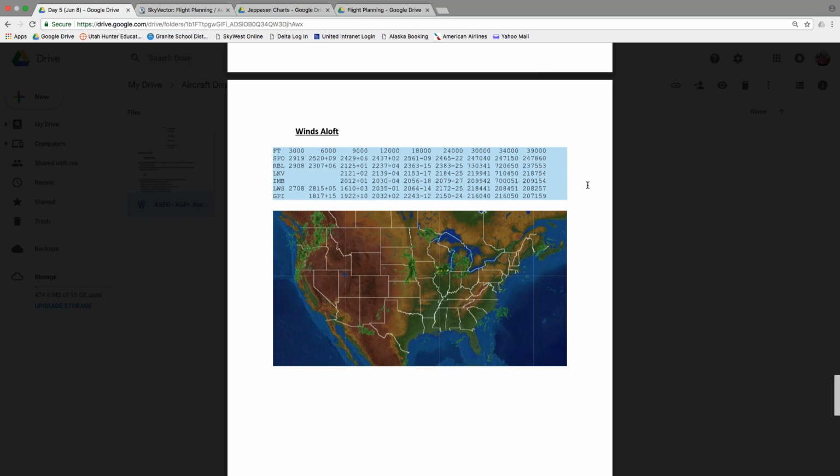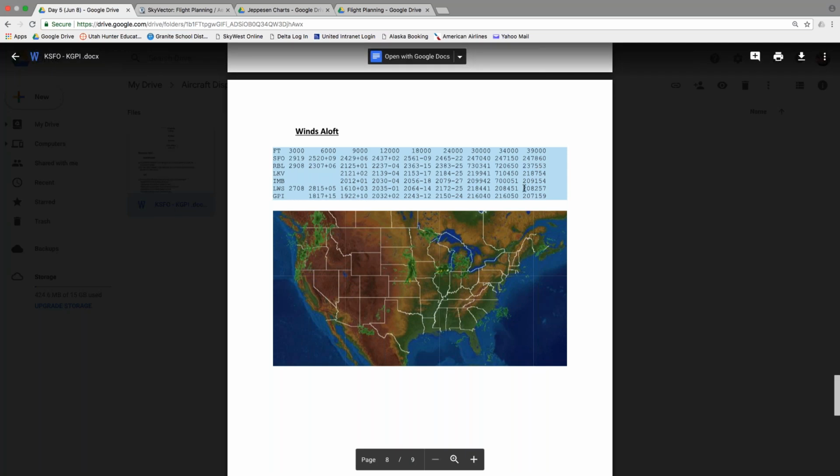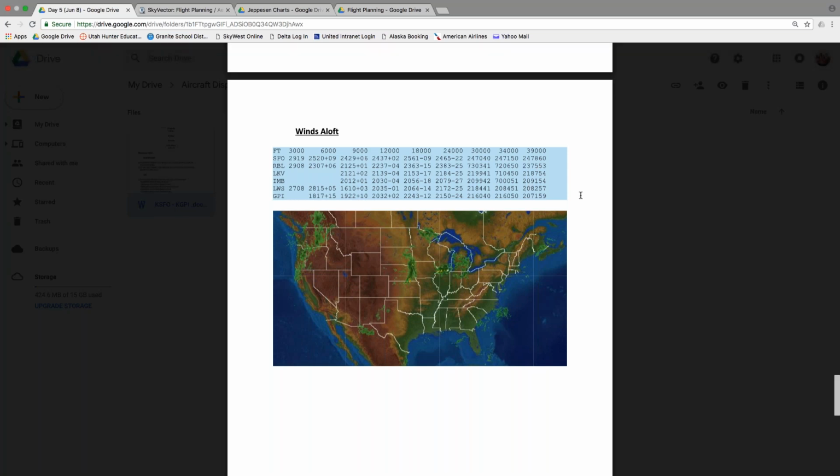Okay, the next leg is pretty simple, right? We can just average these two. 209 or 210, that gives us winds from 200. 91 and 82. It's 86, 87.